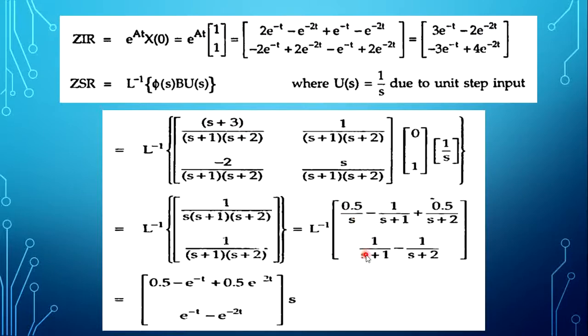After partial fraction, take the inverse Laplace transform: 0.5 minus 1 e to the power minus t plus 0.5 e to the power minus 2t for this step, and here e to the power minus t minus e to the power minus 2t. The s is not there. So this matrix represents the ZSR.